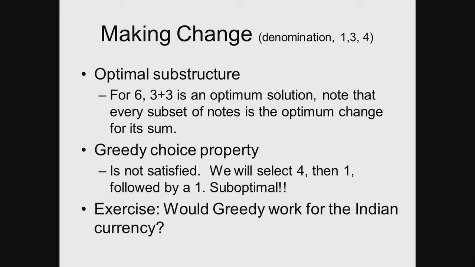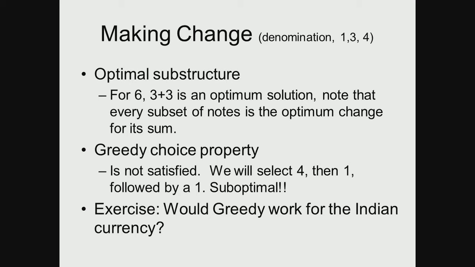So in this case, every subset is just the node 3 itself, which is the optimum change for itself. So this is easy. The greedy choice on the other hand is not satisfied, as we have already seen. We will select 4, then we selected 1 followed by a 1, and this turned out to be suboptimal.